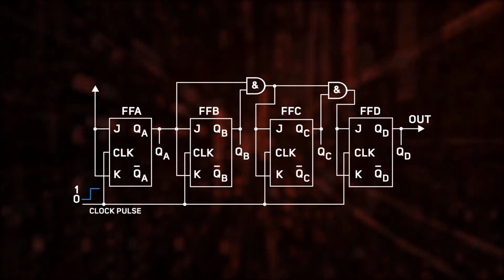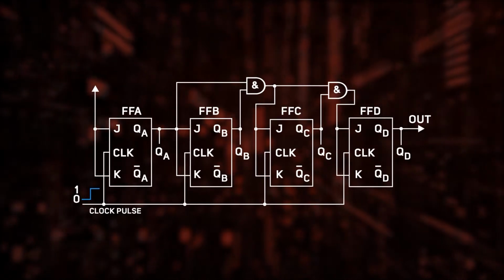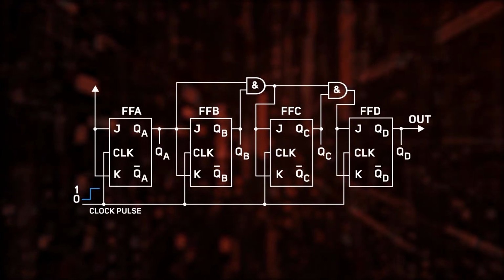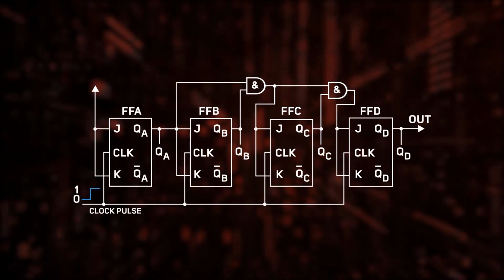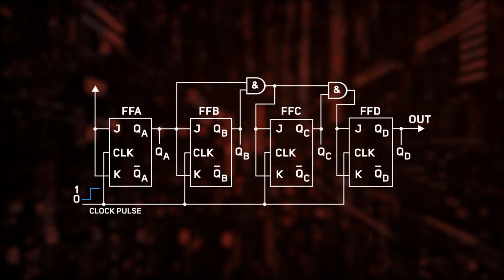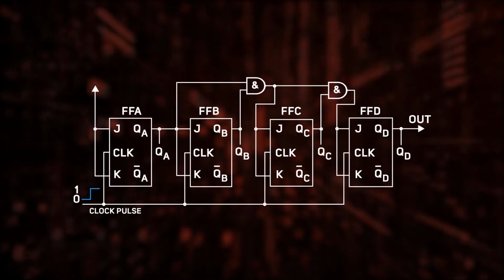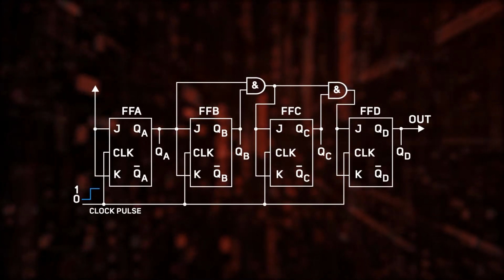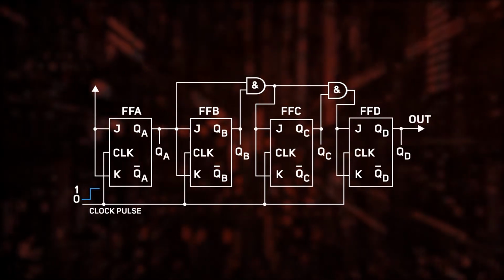So, the currently inserted AND gate produces 1 only if both the previous AND gate and FFC produce 1. The J and K of FFD get their input from this AND gate. Now, with this design, the 4th flip-flop will toggle only if the first 3 bits are at high level. This is how the synchronous up counter works.